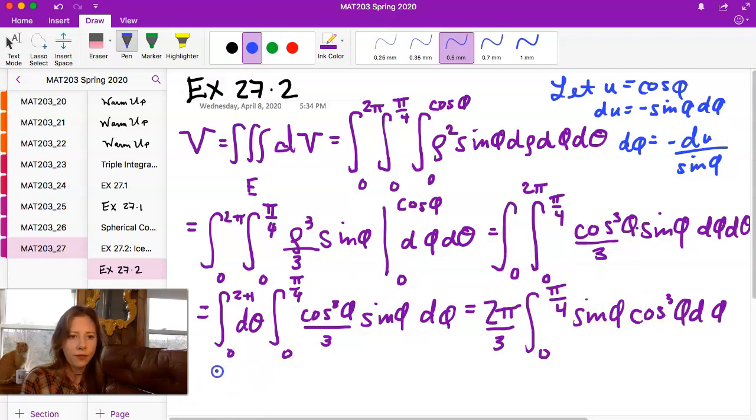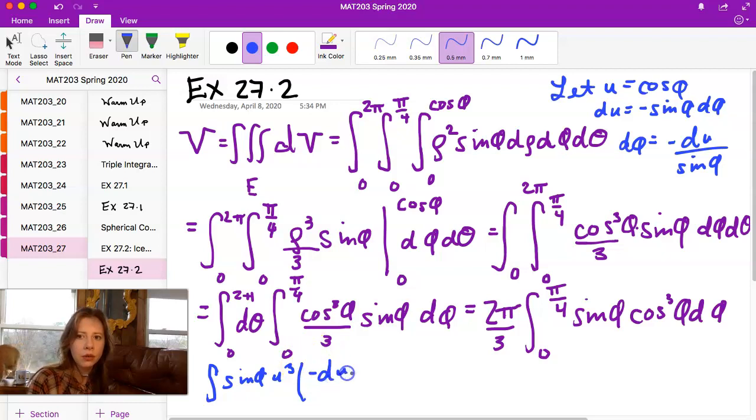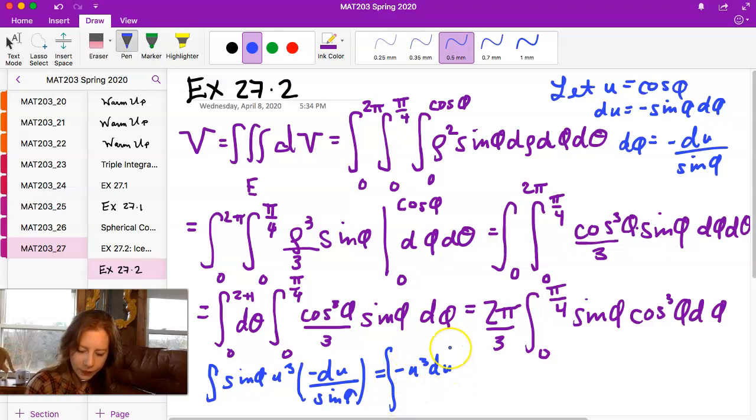So we have the integral of sine phi u cubed times minus du over sine phi. So we have minus u cubed du, right? Which is going to be minus u to the 4th over 4.